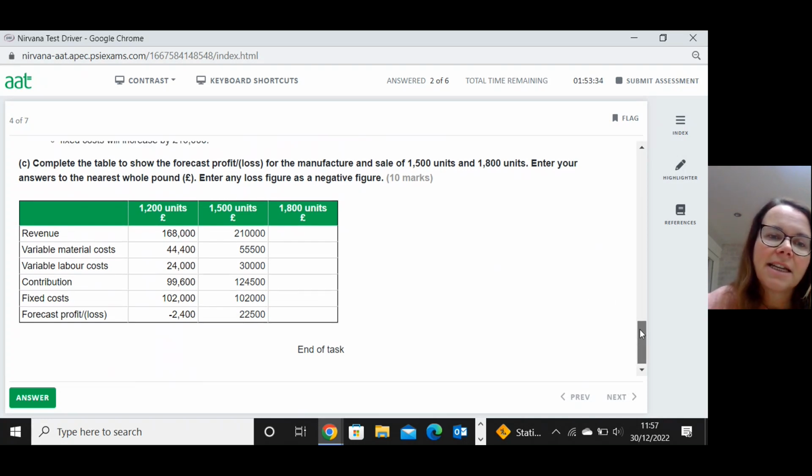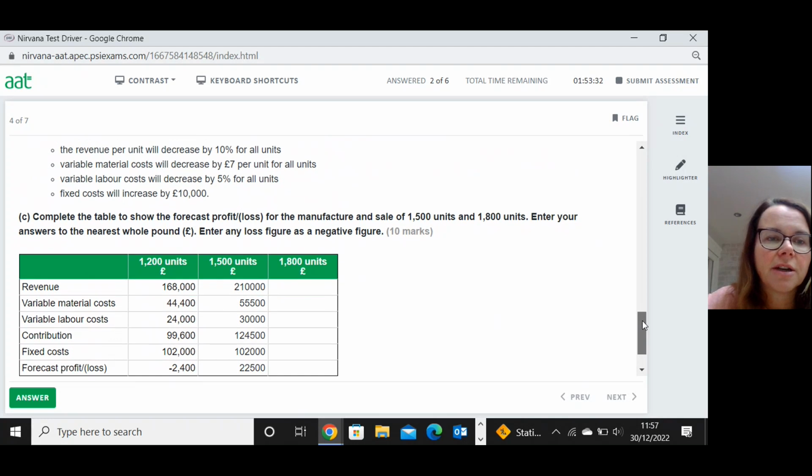Now moving on to the 1,800 part of the question. So remember we wrote down that the revenue per unit on the basis of the original data was £140. So if the revenue per unit is going to decrease by 10%, we need to work out what the new selling price is.